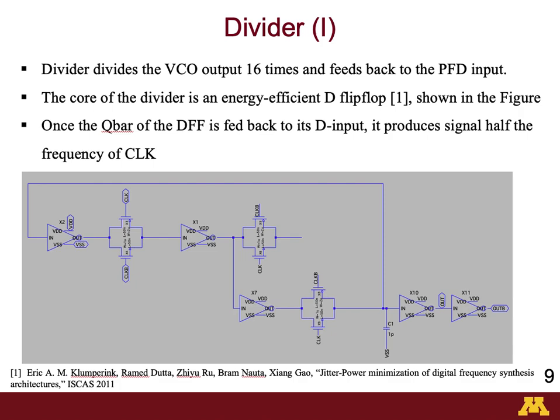When a D flip-flop's Q bar output is fed back to its D input, the DFF produces an output signal at half the frequency of the input clock. So to obtain 16 times reduction, we simply can create a cascaded chain of 4 such feedback connected D flip-flops.